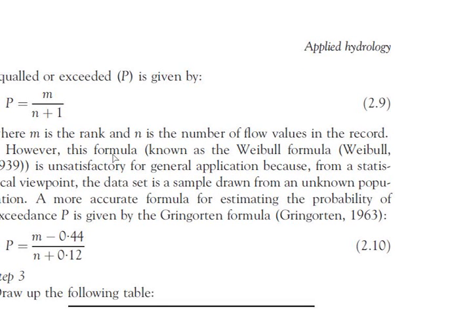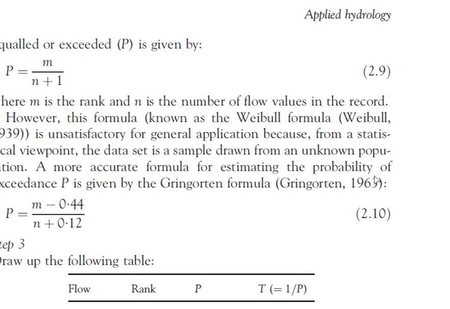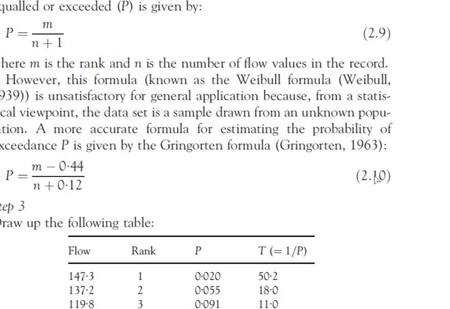But statistical theory will tell us that this simple formula is not satisfactory, because we don't know the total population. This is only 28 years out of clearly a very large number of potential years. And so we can update that formula a little bit. Gringorten did that in 1963. So we use this modified version of the Weibull formula.